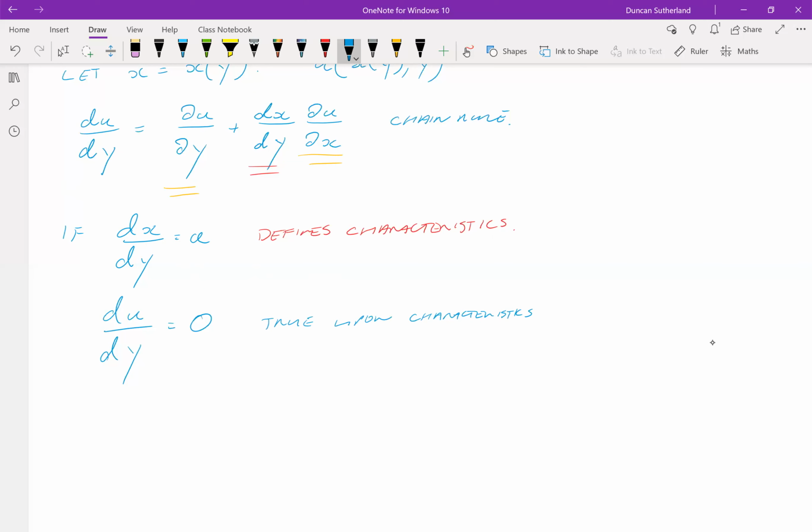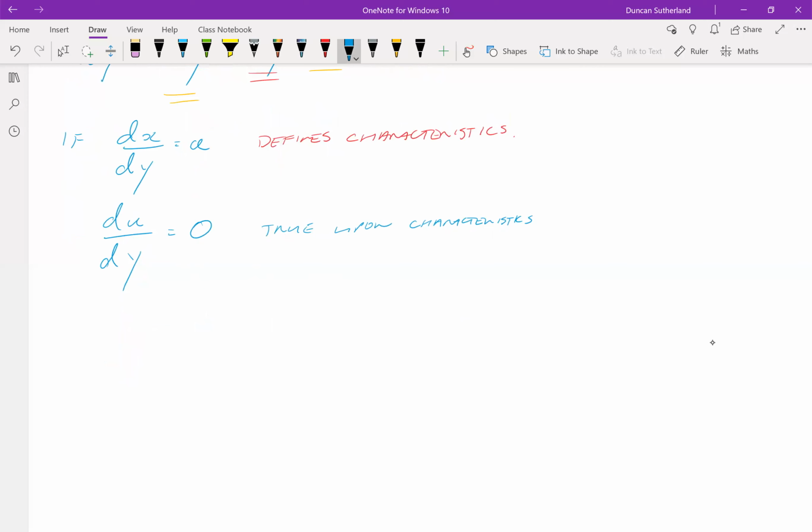So essentially, a characteristic is like a line. In this case, it's a pretty easy line to determine, that we slide along, and that's how we access our solution. So this means that upon the characteristics, u is constant.